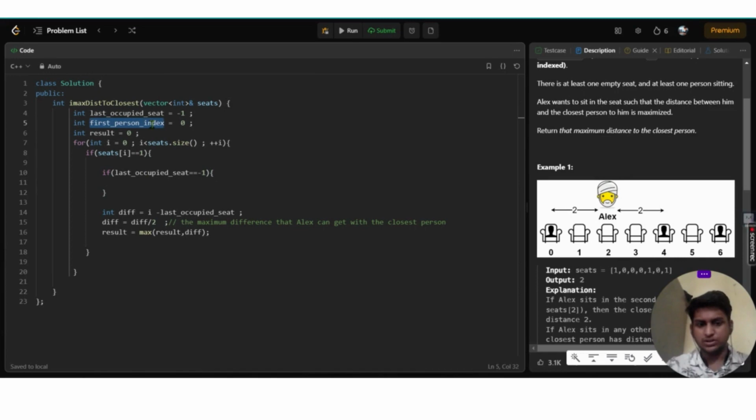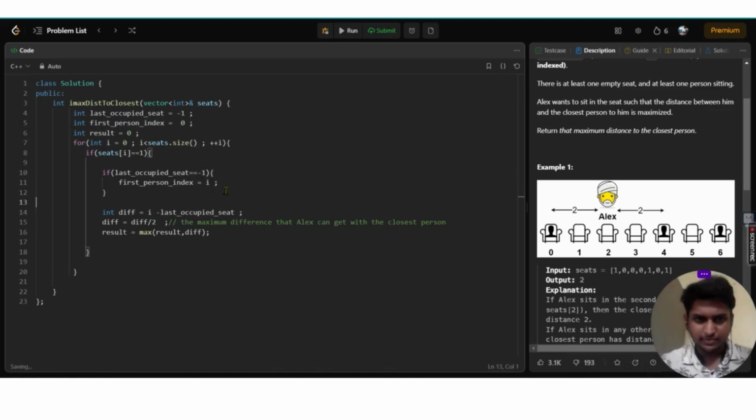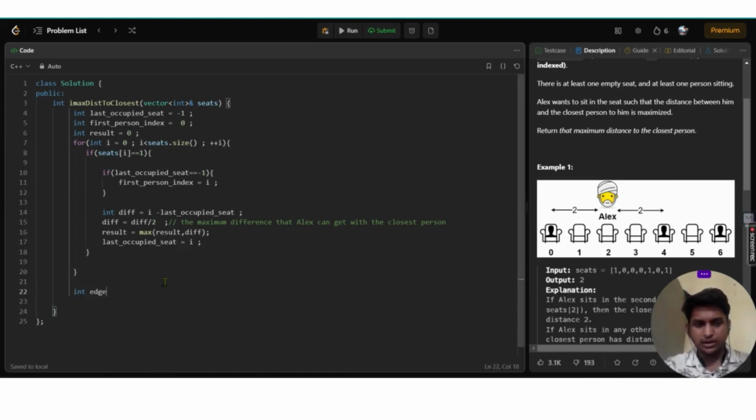So we can update our first person index to i. It means this is the first seat where someone is sitting. And at last we have to update our last occupied seat every time to i.